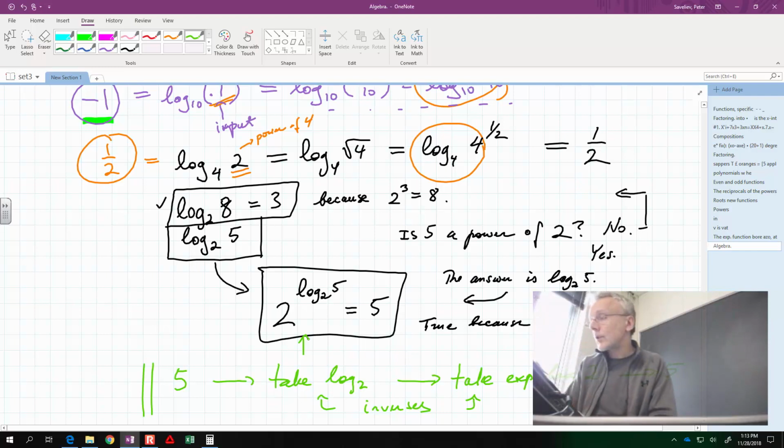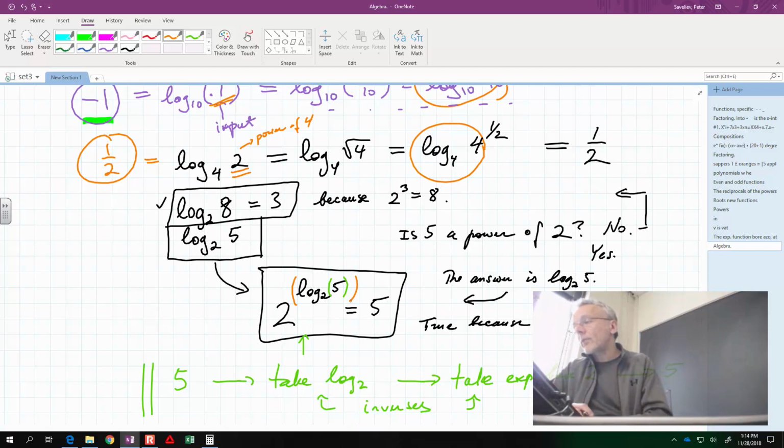One way to do it is to see the parentheses. 5 is the input of the logarithm, and the whole logarithm is the input of the exponential function. So you read it, as always, from inside out, and if parentheses are placed judiciously, you know in what order things are happening. 5, logarithm, exponential base 2. Okay.